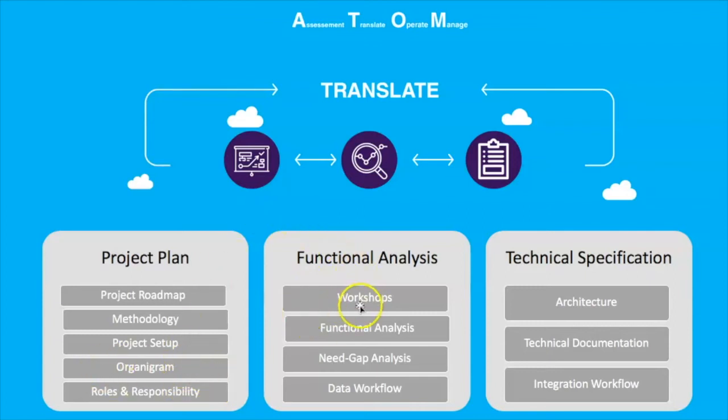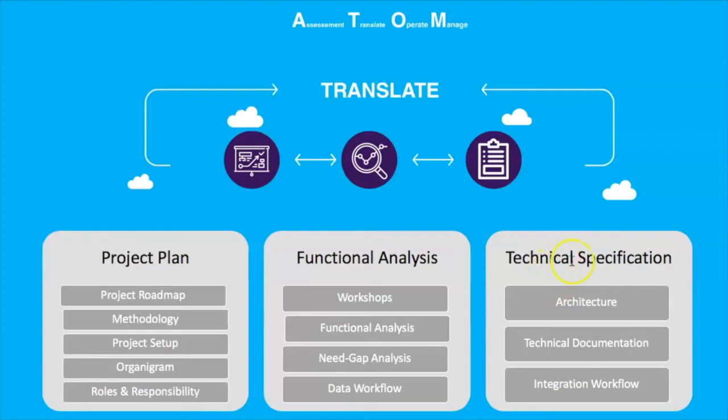Then we start the functional analysis, doing more workshops with the business, marketers, product team, or sales team, and we start defining the solution. After the functional analysis, we have a need gap defined, and we then start working on the data workflow. This is one of the most critical things, because all our marketing activities from the Salesforce marketing platform are dependent on the data which is available.